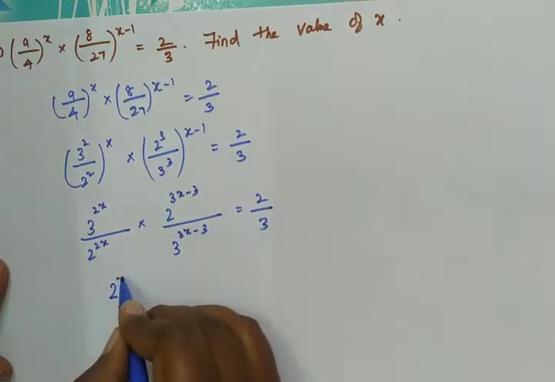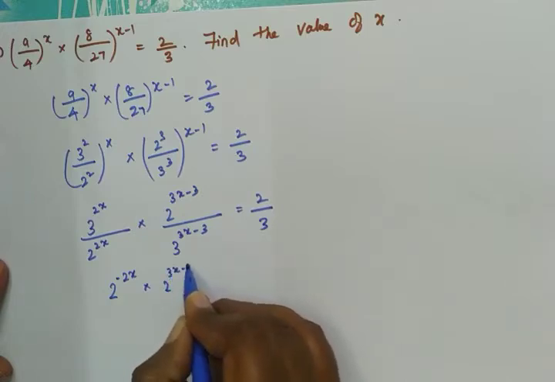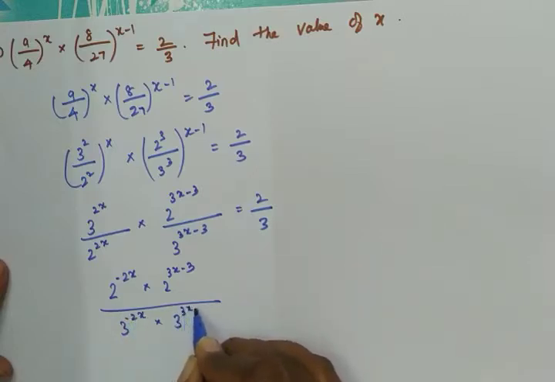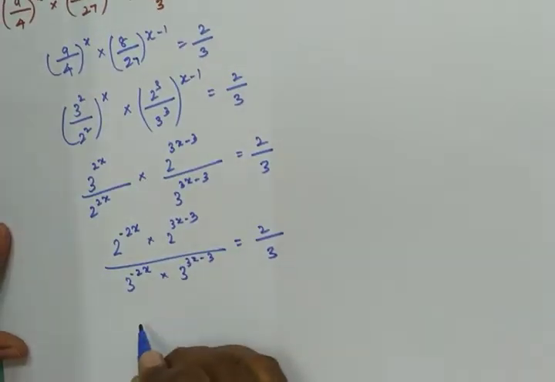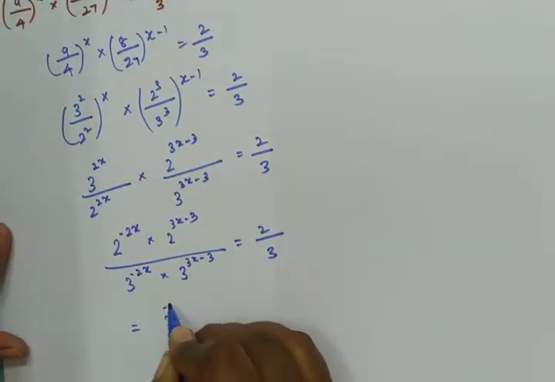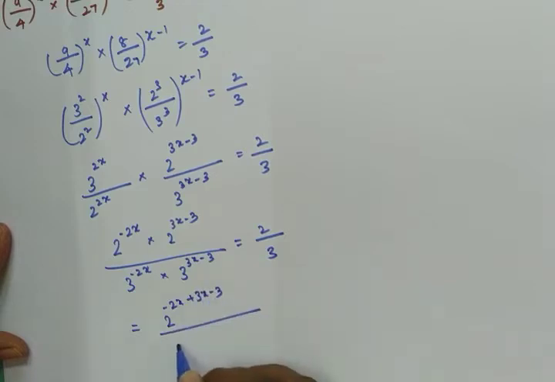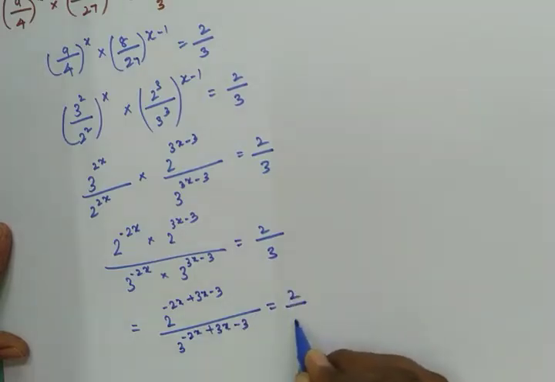Therefore 2 power minus 2x into 2 power 3x minus 3 divided by 3 power minus 2x into 3 power 3x minus 3 is equal to 2 by 3. Since the bases are common, 2 power minus 2x plus 3x minus 3 divided by 3 power minus 2x plus 3x minus 3 is equal to 2 by 3.